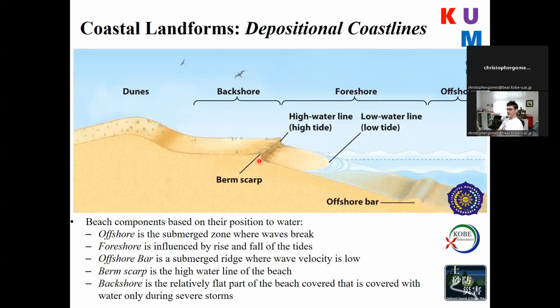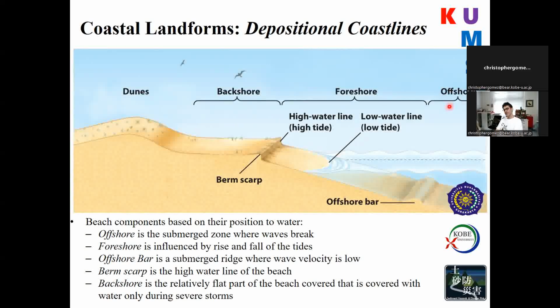And the berm scarp is the high water line of high tide. That's how we define it. And on that foreshore, we can also find the low water line of the low tide. And we can use that to measure the present, but also paleo, if we have some beaches that are conserved, the range of the tides in the past.